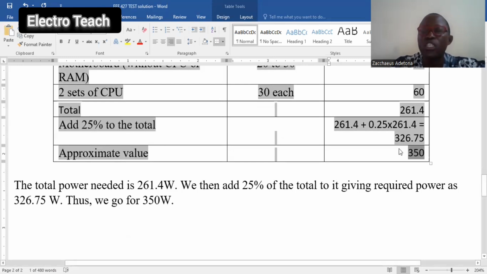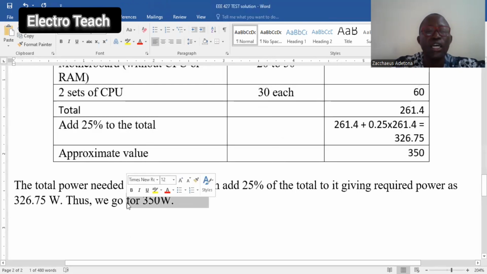Rather, we go to the nearest approximate value, that is 350 watts. Or perhaps if you can find 340 watts in the market, but 350 watts will be better for the purpose. So the design is arriving at a 350 watts power supply unit, and that is the answer.